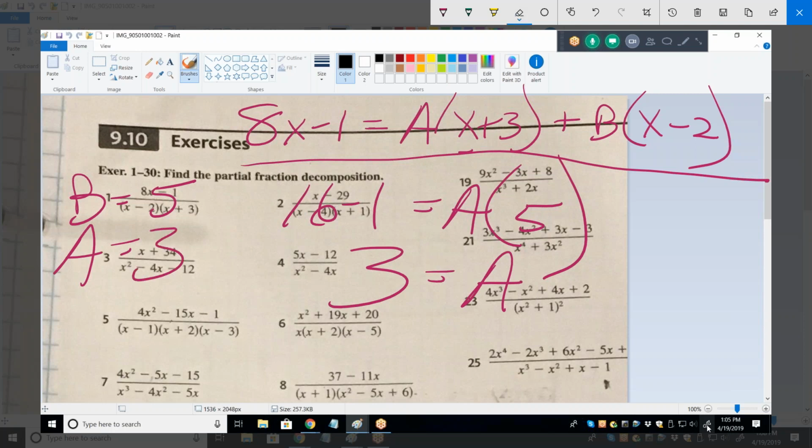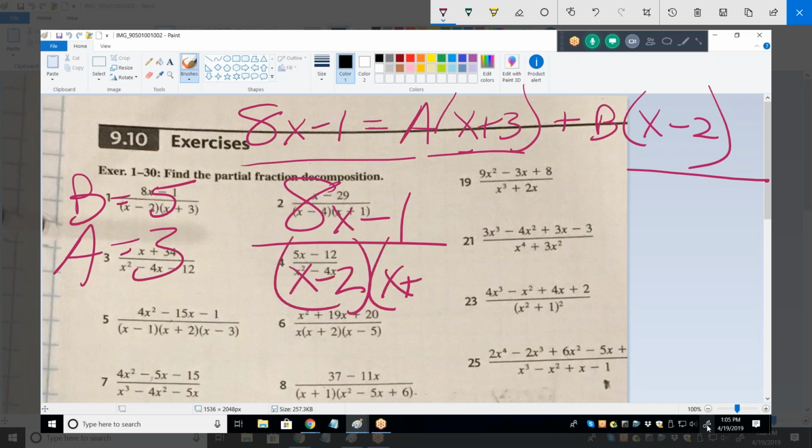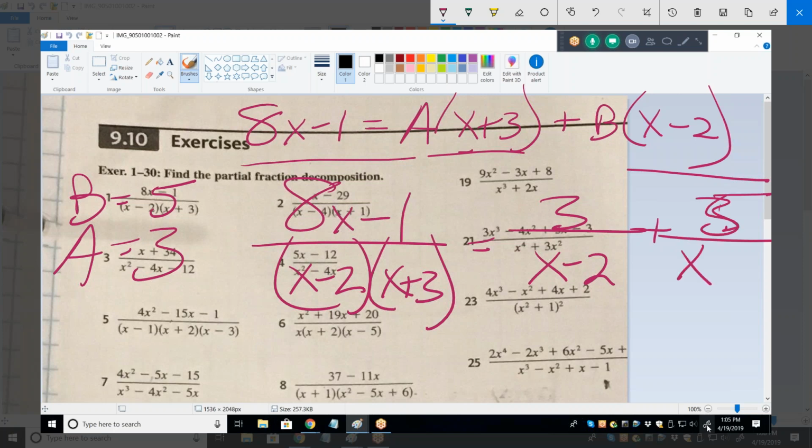In other words, starting from the original, (8x minus 1) over (x minus 2)(x plus 3) equals 3 over (x minus 2) plus 5 over (x plus 3).